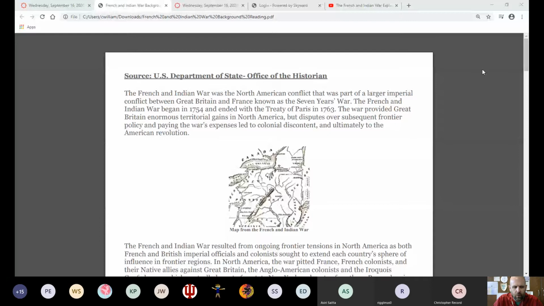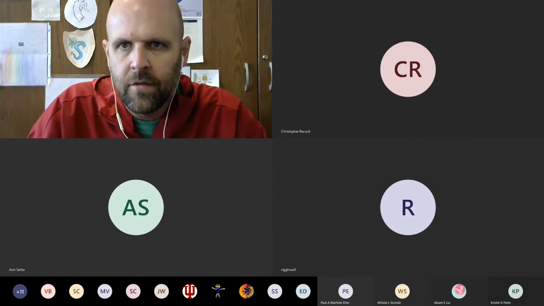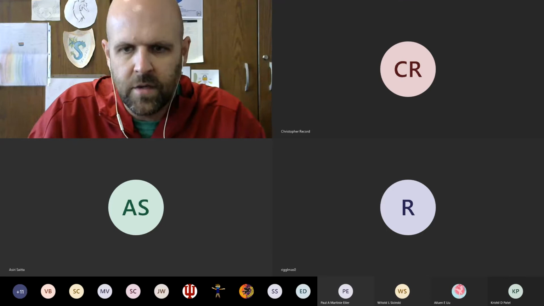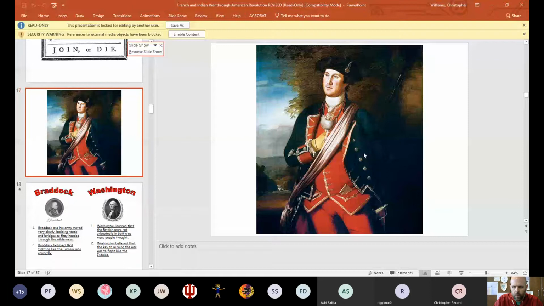There's one thing I want to show you real quick here, and that's this image of Washington in his redcoat uniform, which I find to be so interesting. You don't assume Washington as a British soldier, but this is before the Revolution.